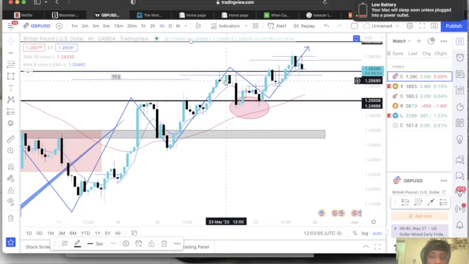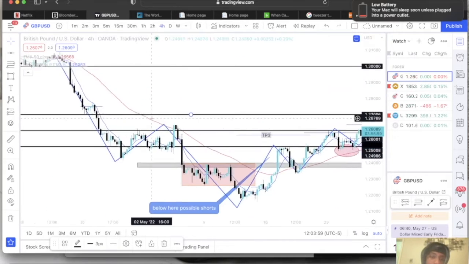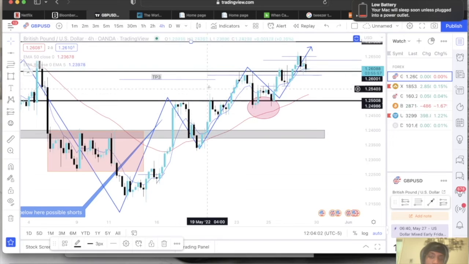And so when we come down to the 1 hour, it's a 4 hour time frame, it's doing perfectly. Higher lows, making higher highs and higher lows, then go long.